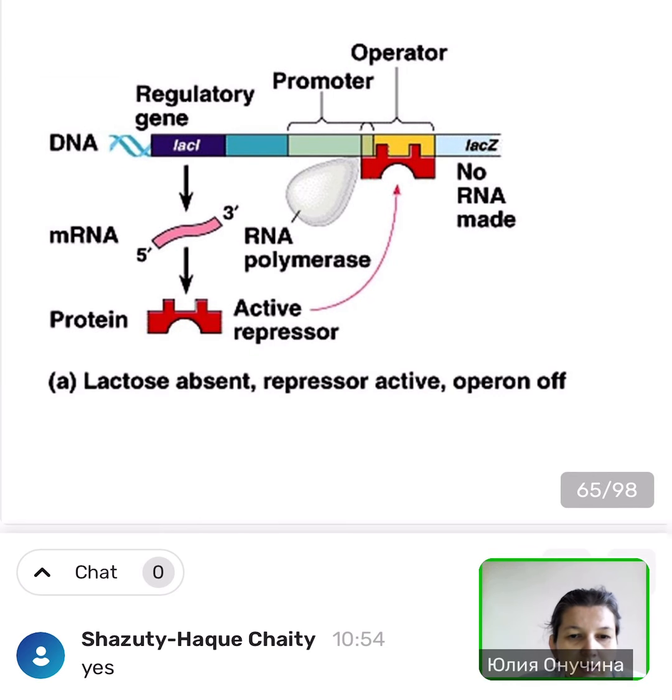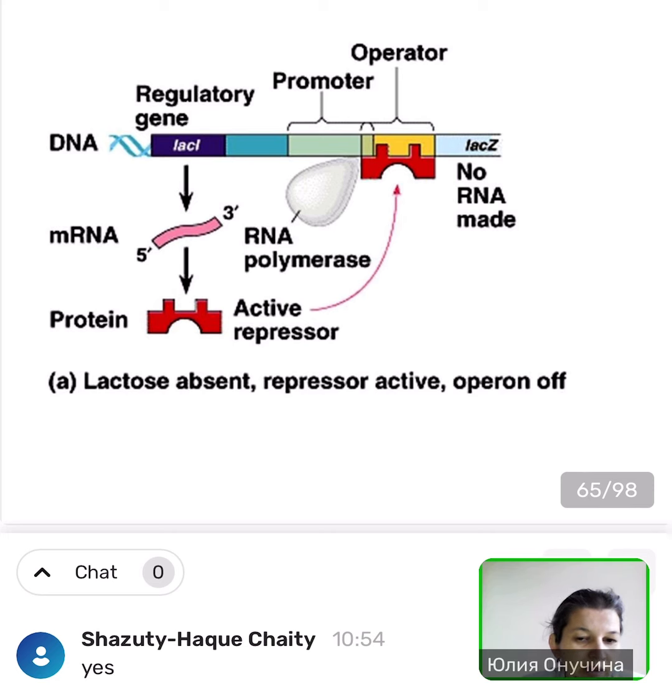This picture. So you see regulatory gene near the operon. Operon contains promoter, operator, and in our slide you see the first structural gene, gene Z. Regulatory gene always produces mRNA, you see purple, that will be translated into protein, active repressor. Always, all time of living of bacteria.